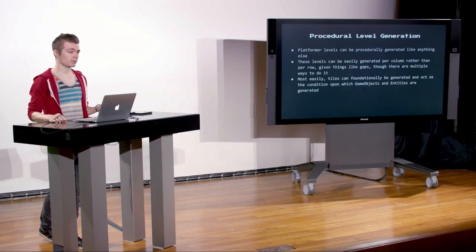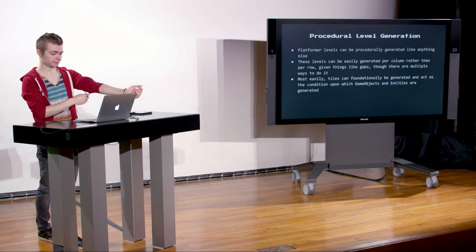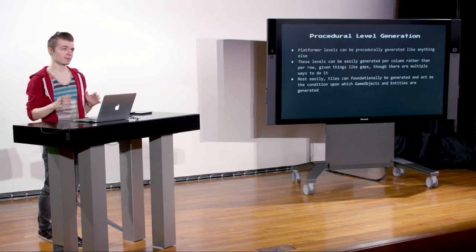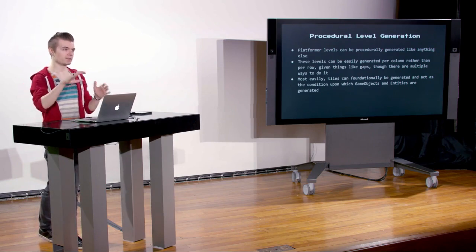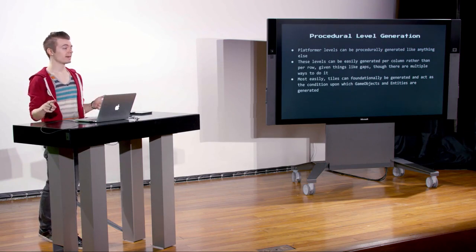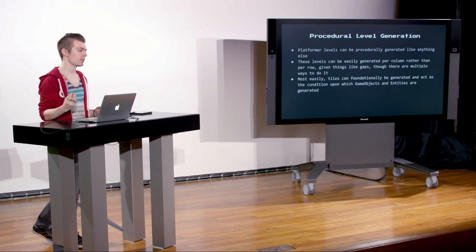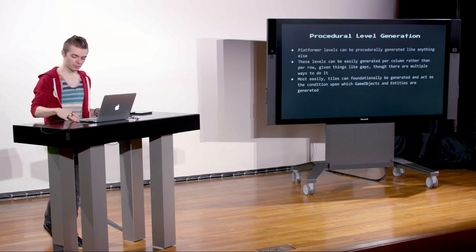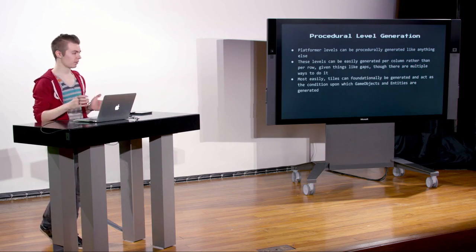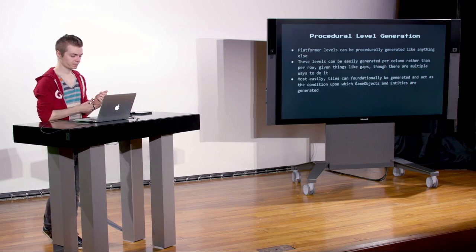With a platformer level, we sort of have to think about how we can take that basically grid of tile IDs and think about it mathematically. How can we get the results of a level, but make it different every time, like introduce some variation, right?